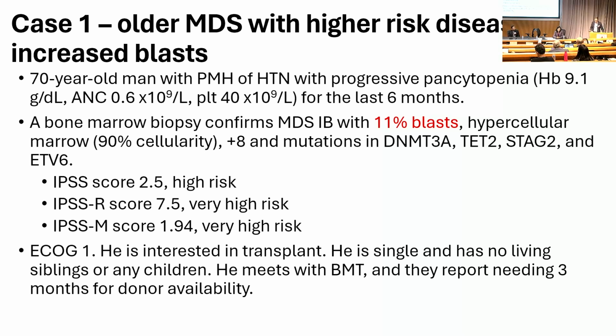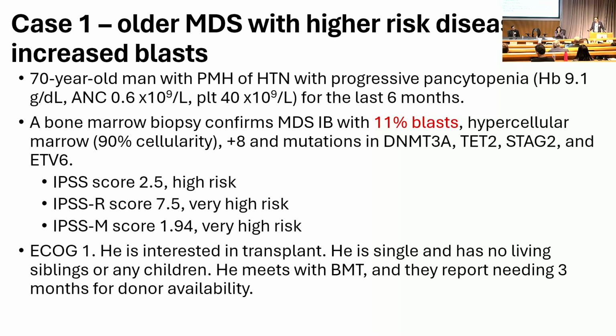His IPSS score would be high risk. His IPSS-R score would be very high risk, and his IPSS-M score would be very high risk. He's active, ECOG 1, he's interested in transplant, does not have any siblings or children, and he meets with the transplant team, but they're going to need a few months to find an appropriate donor.